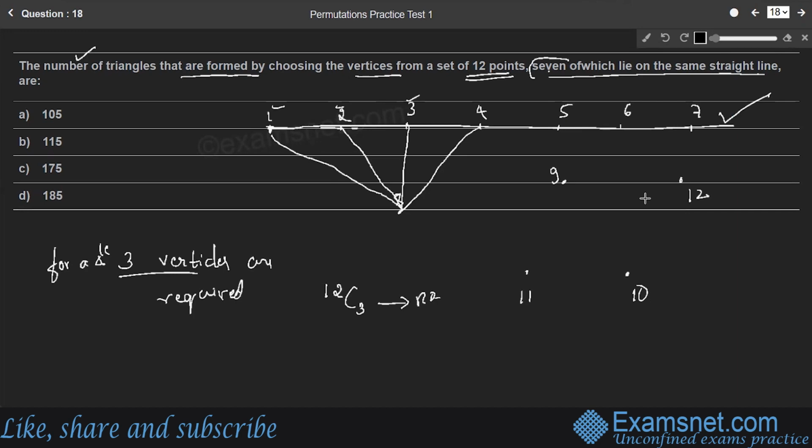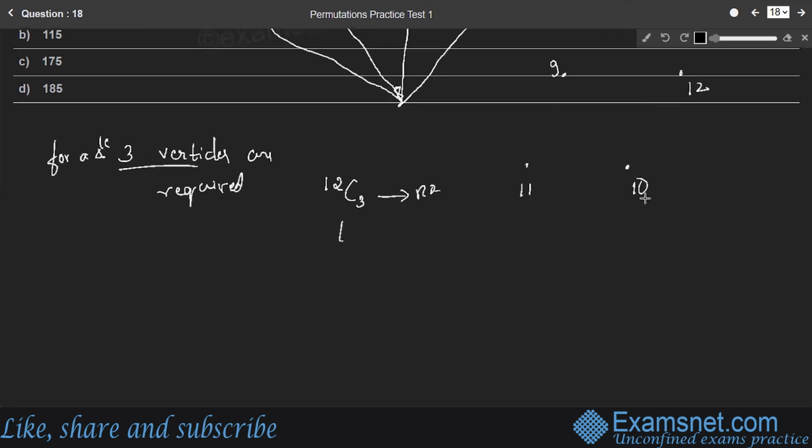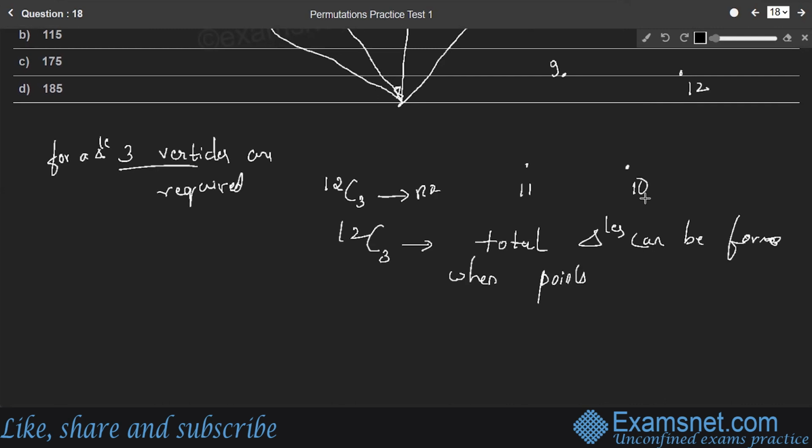You cannot take the 4th, 6th, and 7th point to form a triangle. Therefore, 12C3 is the total number of triangles that can be formed when points are non-collinear, that means points do not lie on the same line.